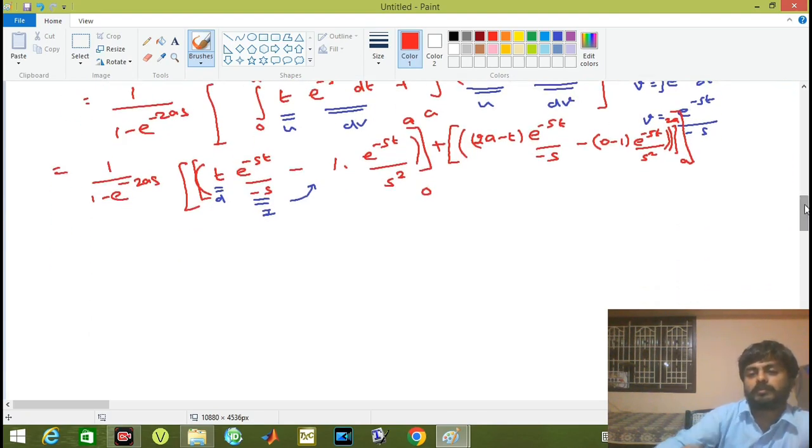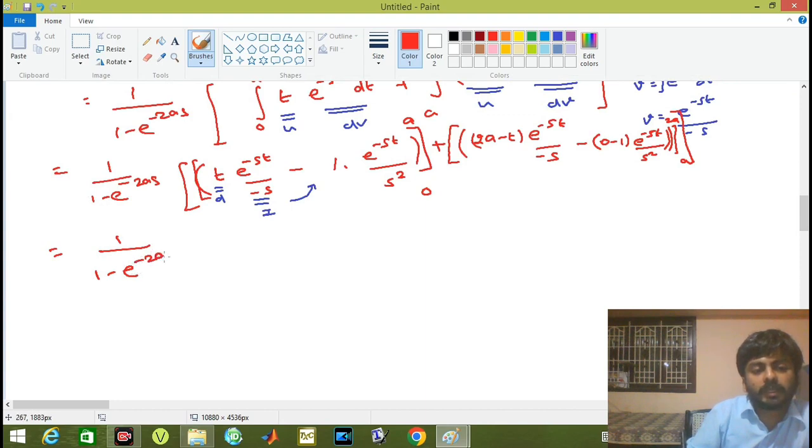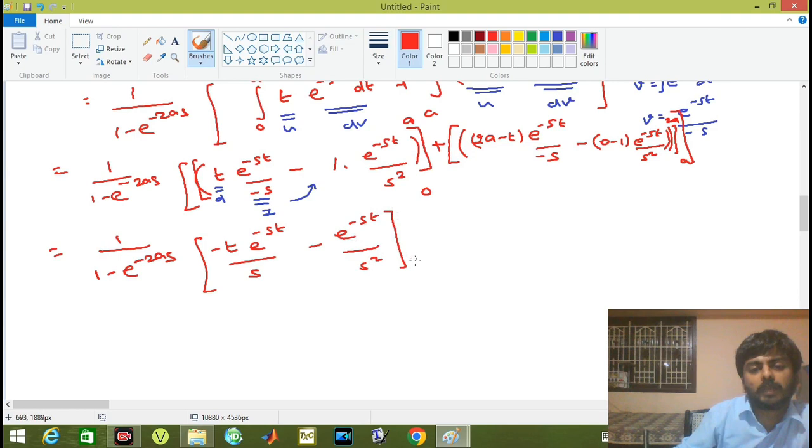So now you will have 1 divided by 1 minus e power minus 2as into t minus t e power of minus st by s minus e power of minus st by s square. The limits are 0 to a.